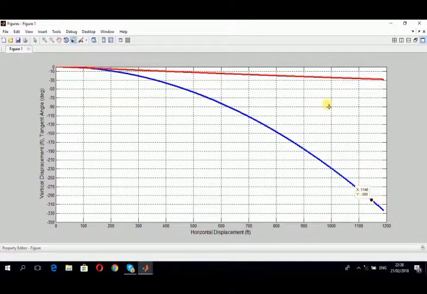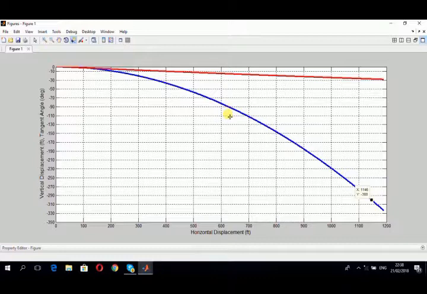If we discuss this red curve, it represents the tangent angle of this path at any point. You can imagine a tangent at any point, and you can recognize that this tangent has a negative angle, as this angle is located in the second quarter of the Cartesian coordinates.